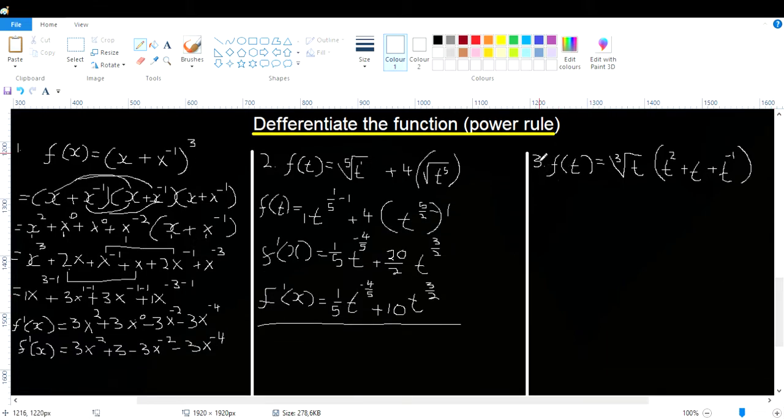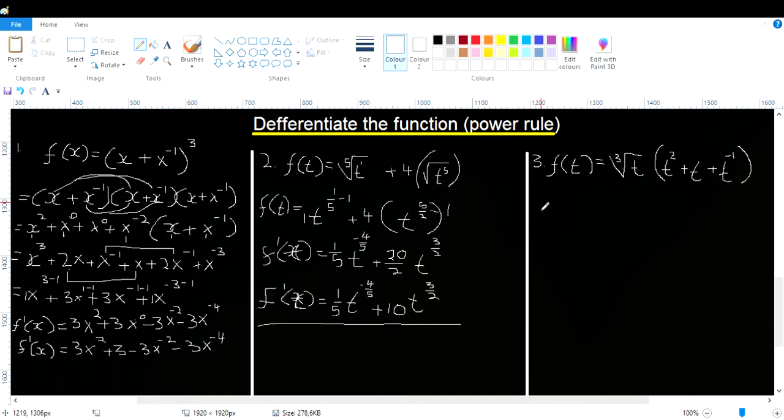Here we're going to differentiate in respect of t. So here we have f of t. Oh, sorry, it's a mistake. This is t, not x. Okay, here is number 3.